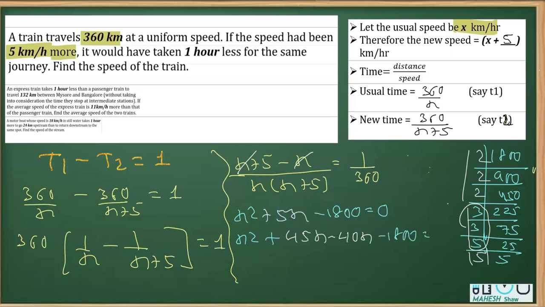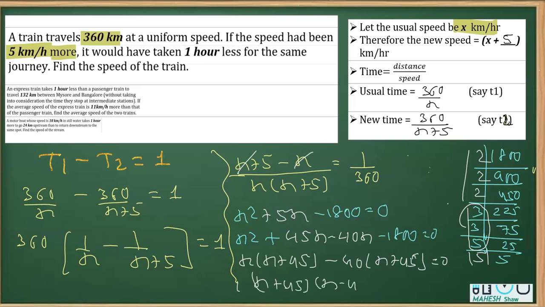1800 equals 0. When I take x common, I'll get x plus 45. And when I take minus 40 common, I'll again get x plus 45 equals 0. Further, I can see that we have x plus 45 or x minus 40 equals 0.